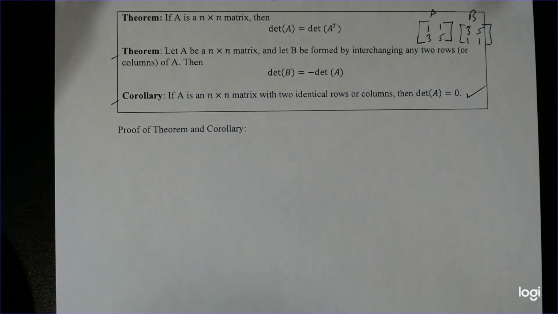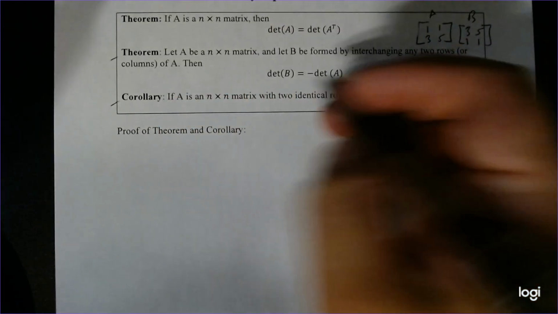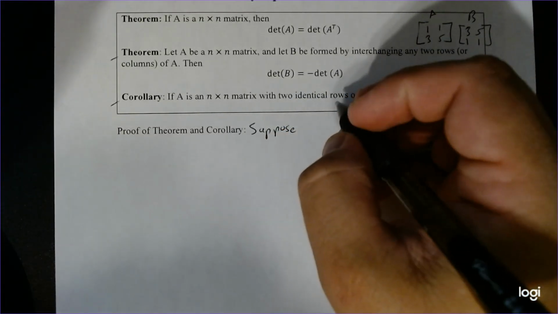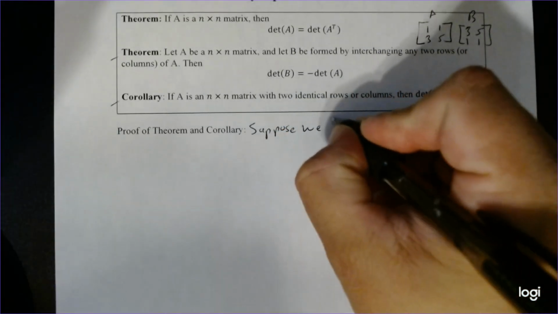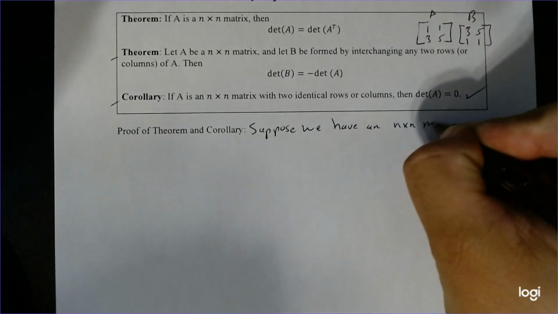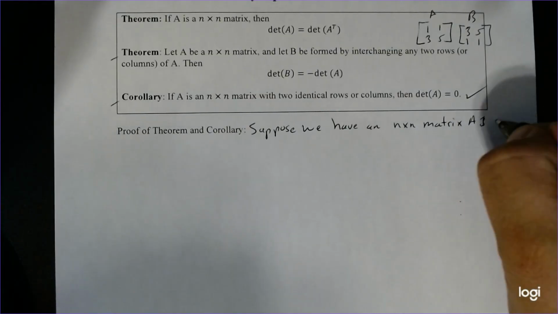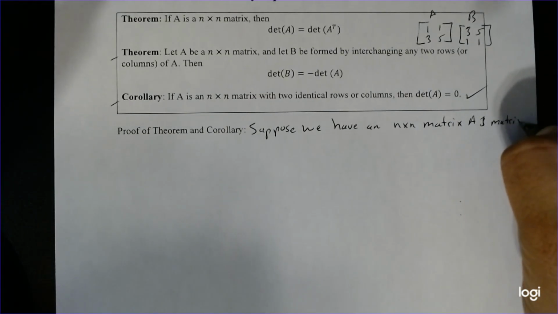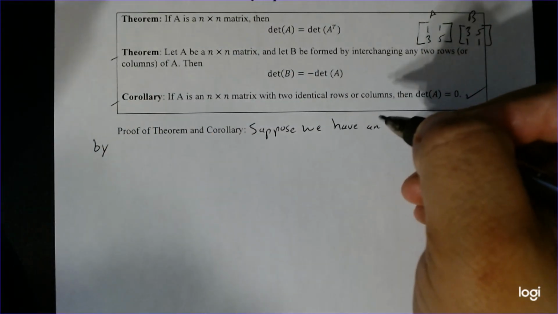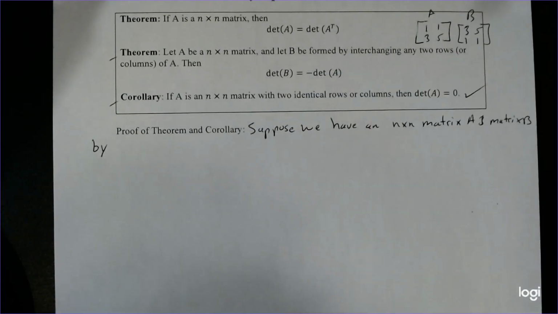All right, so like everything else, we need to set up what we have. Suppose we have an n by n matrix A and matrix B. We'll just do the row one; the column one is pretty much identically the same.